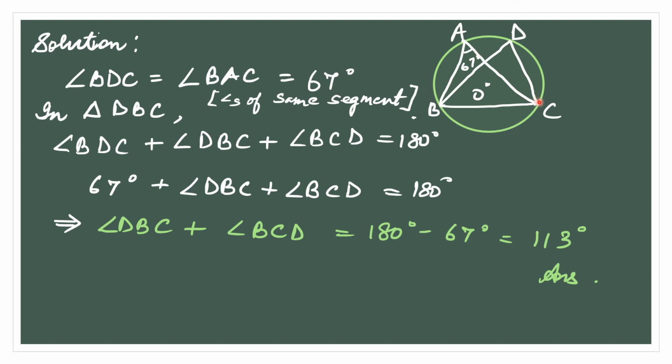Angle DBC plus angle BCD will be equal to 180 degree minus 67 degree, because of the sum of angles in a triangle, which is equal to 113 degree. That is the answer. The sum is equal to 113 degree.